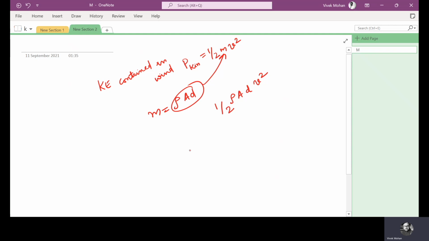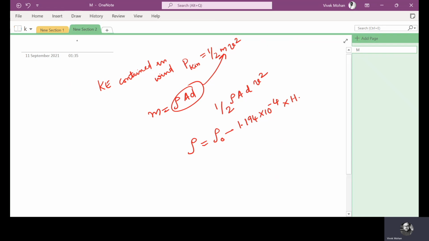Now the air density could be derived as rho equals rho naught minus 1.194 into 10 raised to minus 4 into h, where h is the height above sea level.